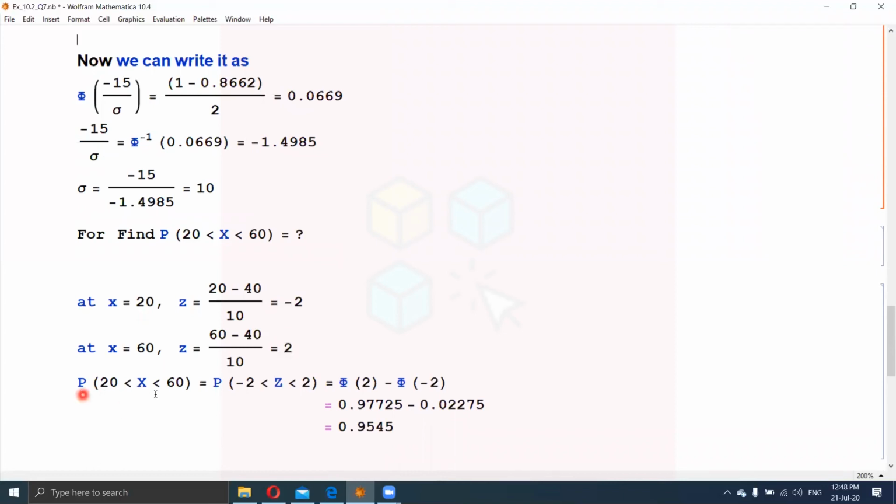In the same way, we can write the probability from 20 to 60 on the x scale, converted into the z scale, as minus 2 to 2. And using the theorem in which phi of a to b is equal to phi of b minus phi of a.